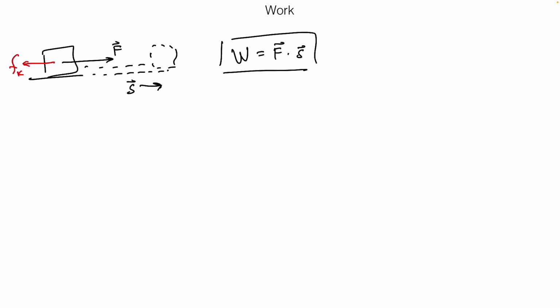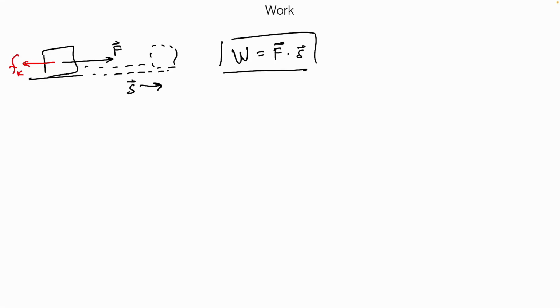What can you tell me about the work that capital F is doing compared to the work that friction is doing? Is there something different here? The magnitudes are different slightly, but there is kind of a direction there, isn't there? The propulsion, the pushing force, is making this thing move, but what is the friction trying to do?